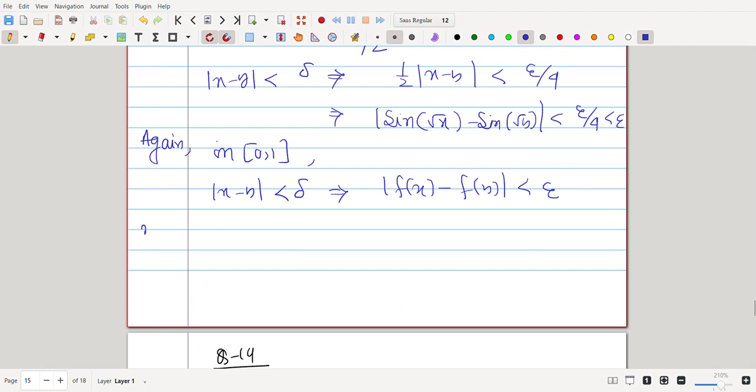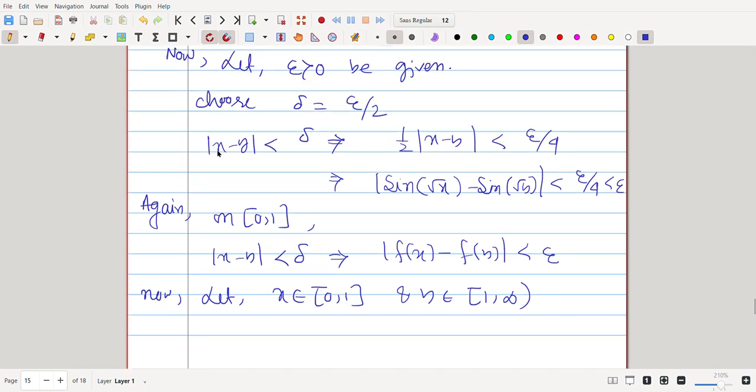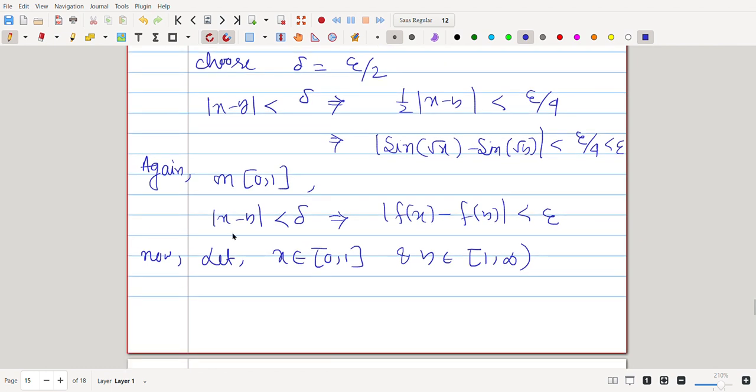Now let x belong to 0 1 and y belong to 1 to infinity. Okay, so here the first case, both x and y belong to the closed interval 1 to infinity. Here both x and y belong to the closed interval 0 comma 1, and here one belongs to 0 comma 1 and another one belongs to 1 to infinity. Then what will happen? Then |f(x) minus f(y)| is less than or equal to |f(x) minus f(1)| plus |f(1) minus f(y)|.